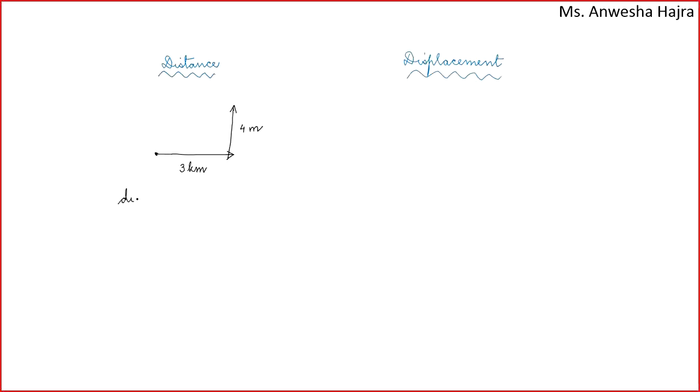The distance covered is the actual length of path covered. Distance is the actual length of path traversed. So what is the distance over here?